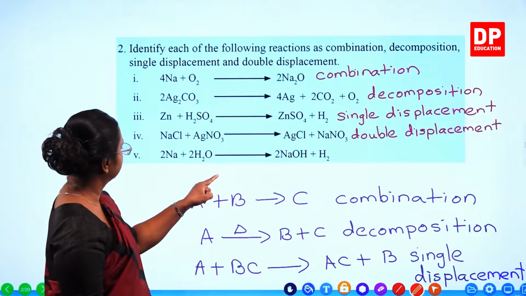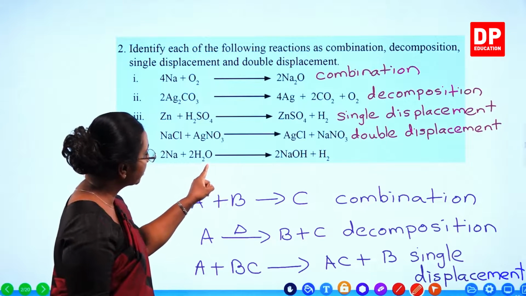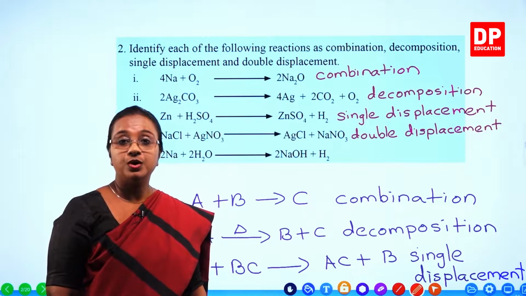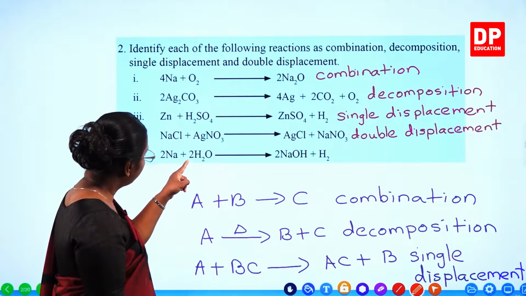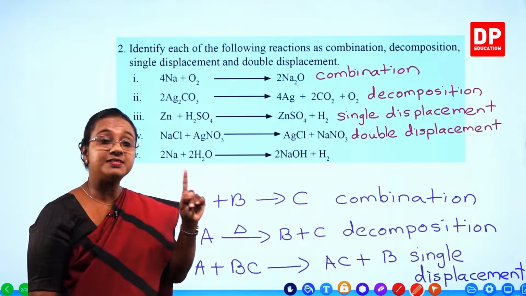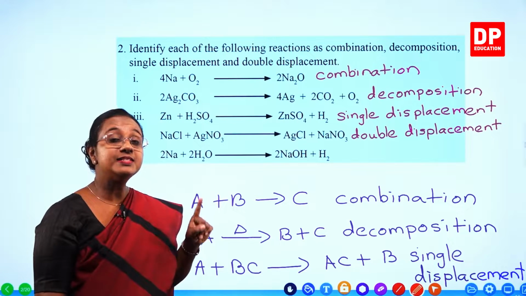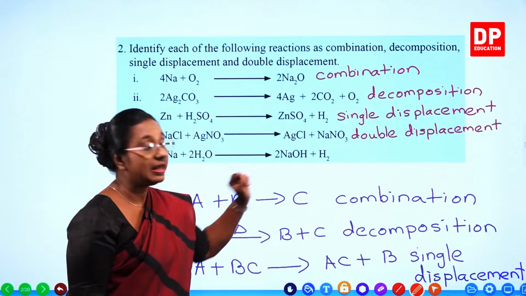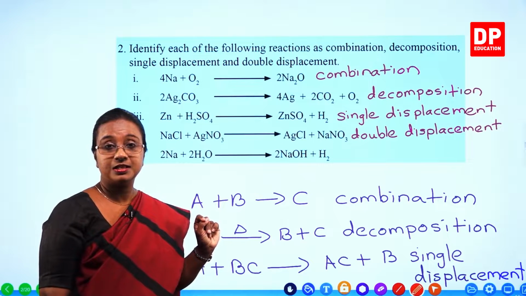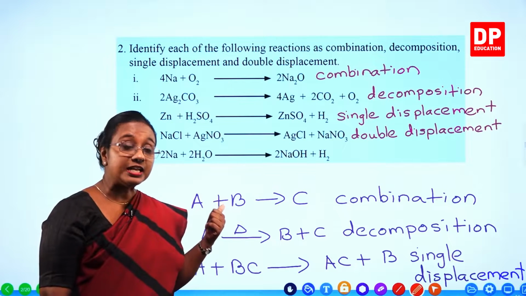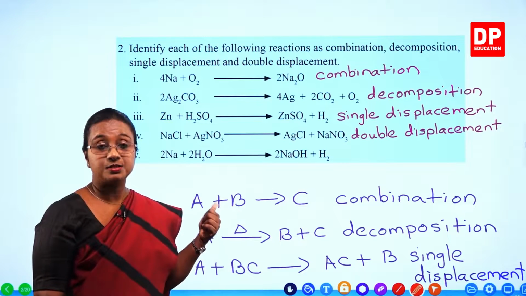Then the last one, sodium plus water giving rise to sodium hydroxide and H2. Now water is hydrogen and OH, H plus and OH minus, that is H2O. So from that, sodium displaces hydrogen and the OH combines with sodium. So that is also a single displacement reaction.